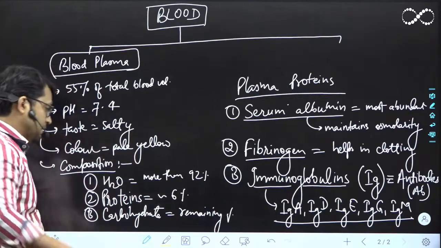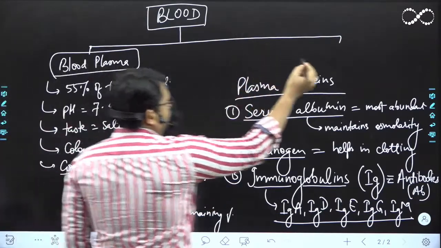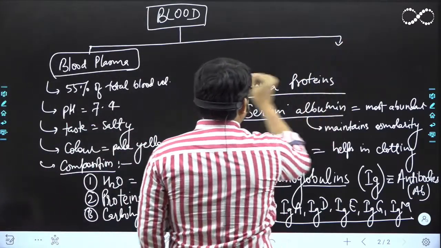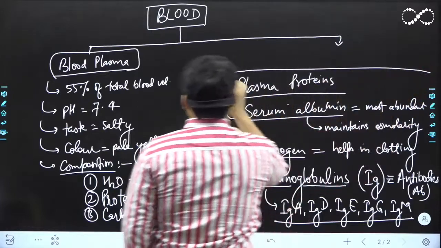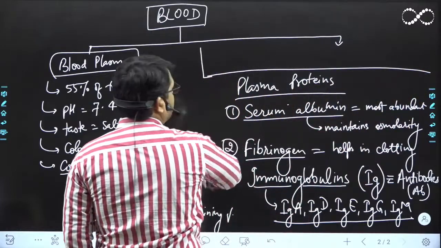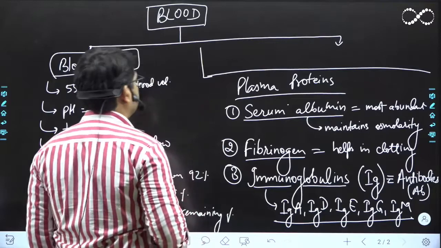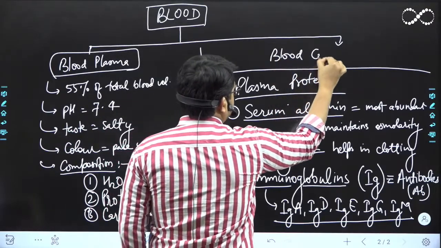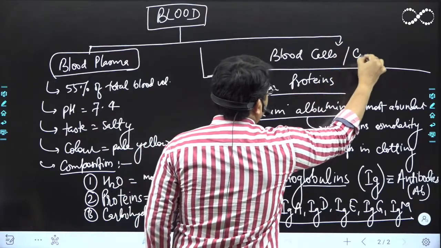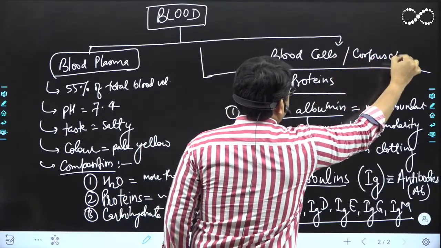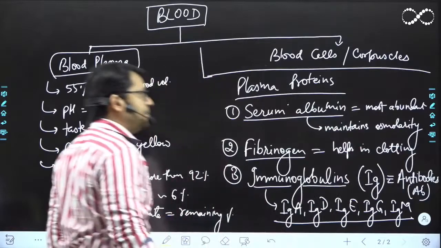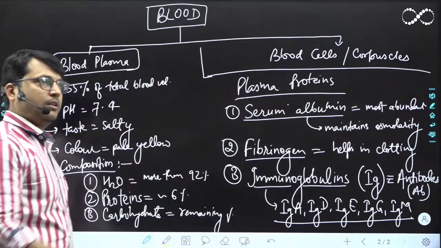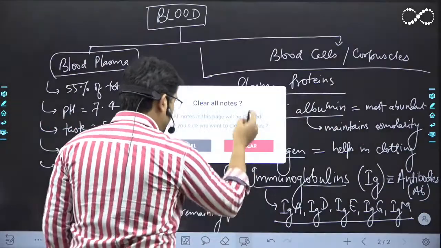Great. Let's see. Now, if we are looking at the second component of the blood, it is nothing but the blood cells. Okay, जिनको कि हम लोग corpuscles भी बोलते हैं. Blood cells or corpuscles. Great. Let's see what these corpuscles are.